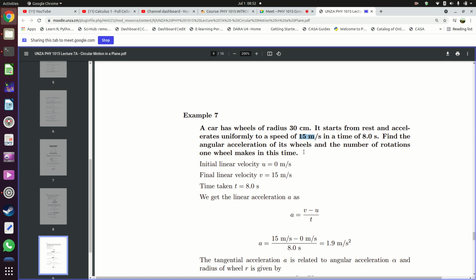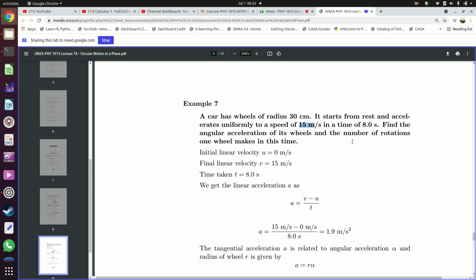So, this is exactly what I've been saying. As much as a car is moving in a straight line, for it to do so it needs its wheels to turn. We have a car which starts from rest and increases its velocity to 15 meters per second in a time of 8 seconds.